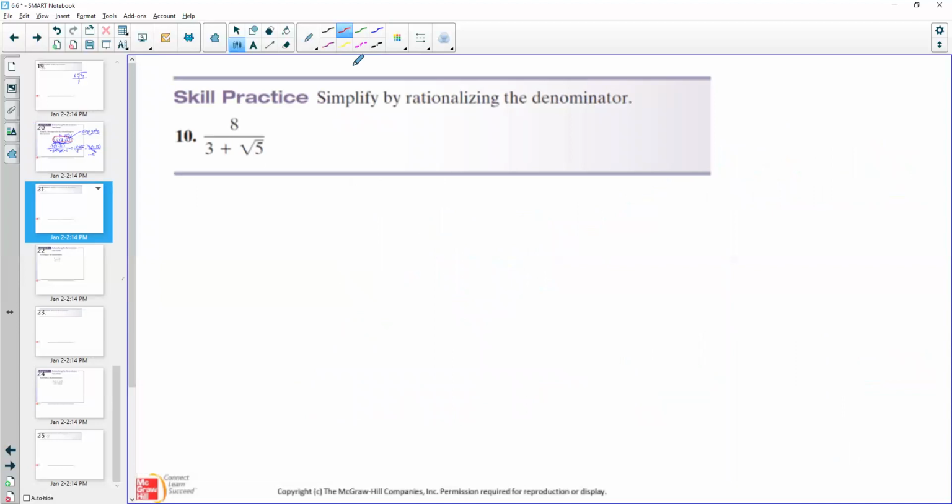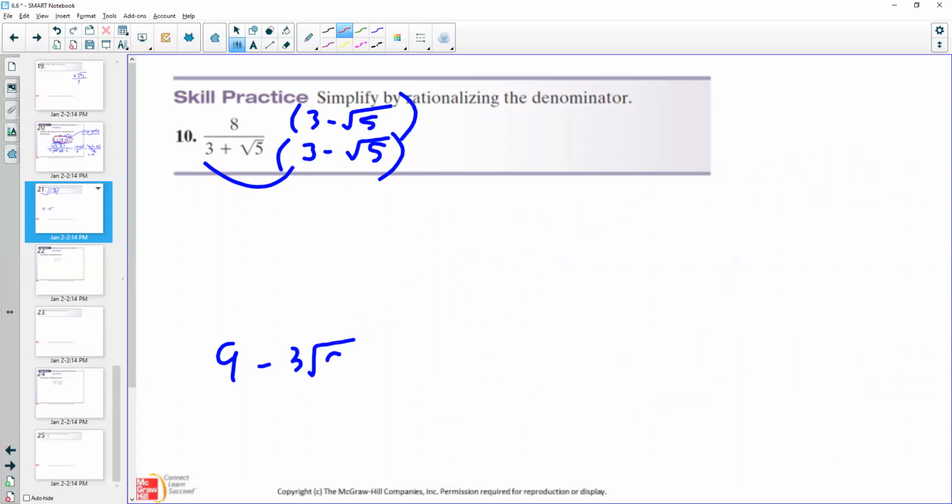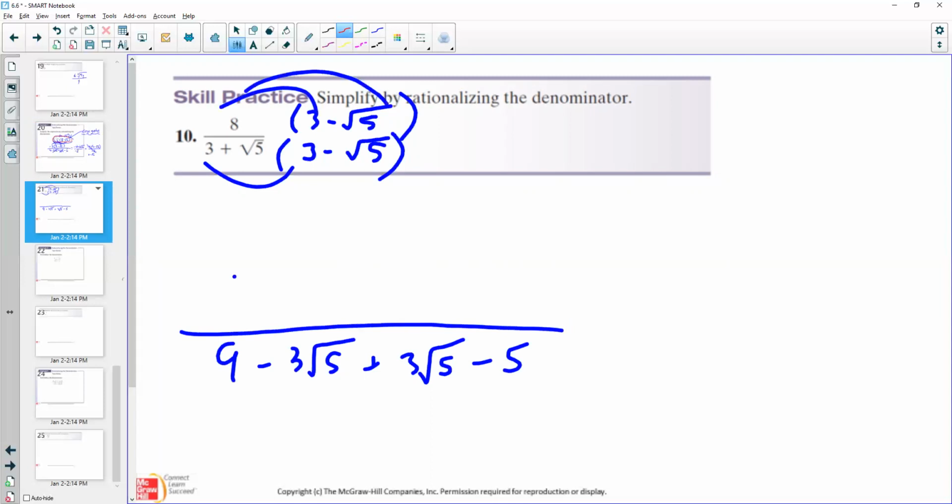What's the conjugate here? It's the opposite sign in the same binomial. 3 minus radical 5. Same thing's going to happen on the top and the bottom. On the bottom, I'm going to FOIL. I get 9 minus 3 square roots of 5 plus 3 square roots of 5 minus radical 5 times radical 5 is 5. On the top, I'm going to distribute. I get 24 minus 8 radical 5.